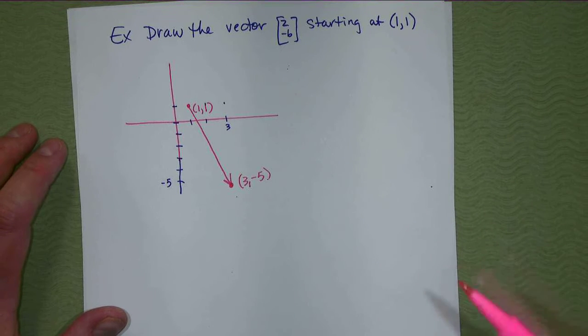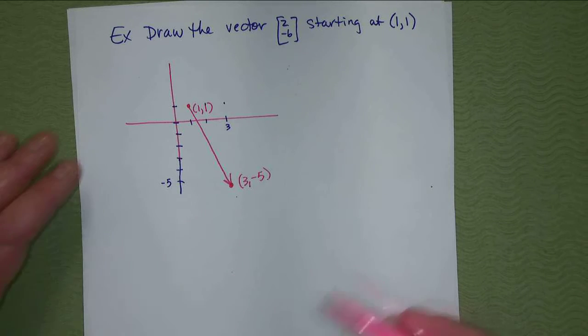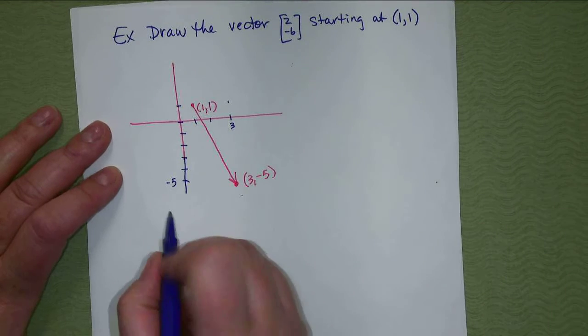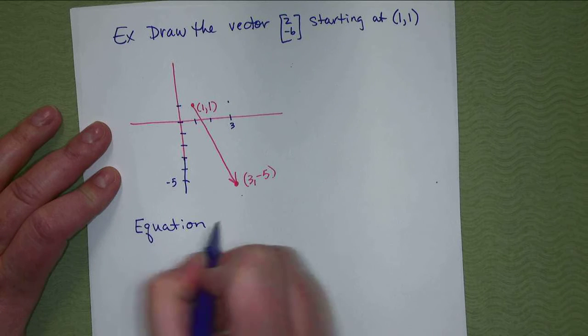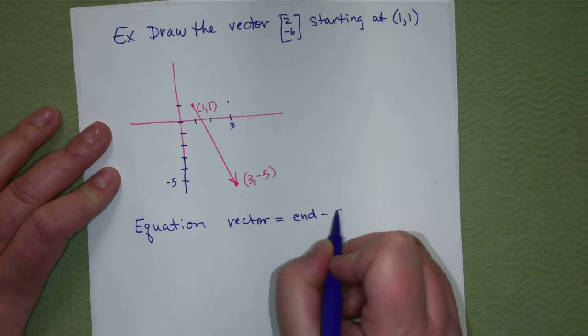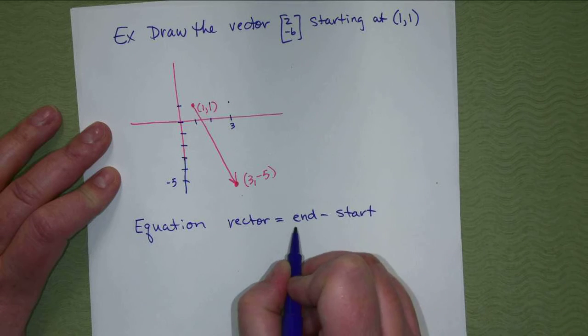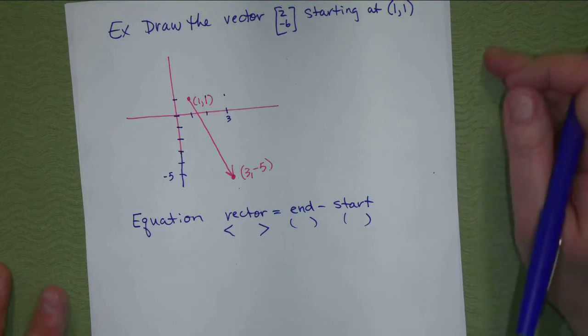What I often do, if it gave you the direction vector and one point and asked for the other point, is you can always set up your equation: vector equals end minus start. These are round, this is not round. Okay, so you can rearrange that.